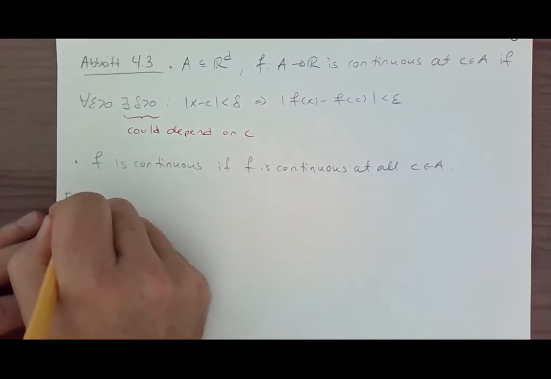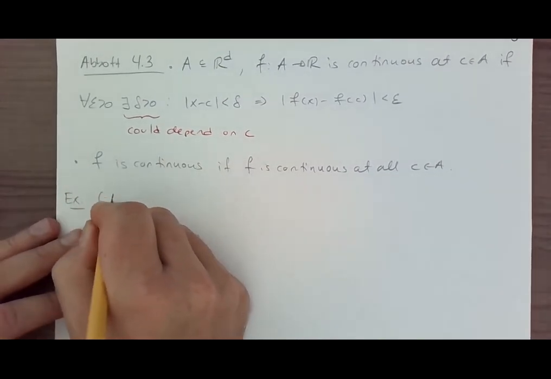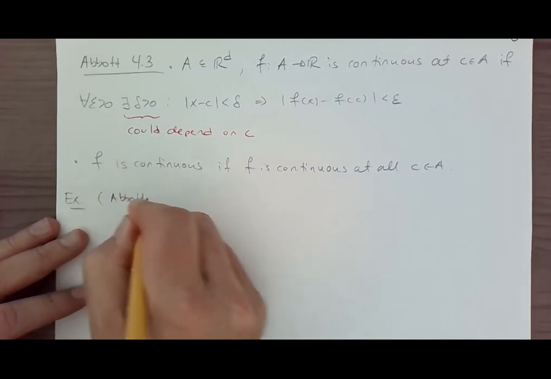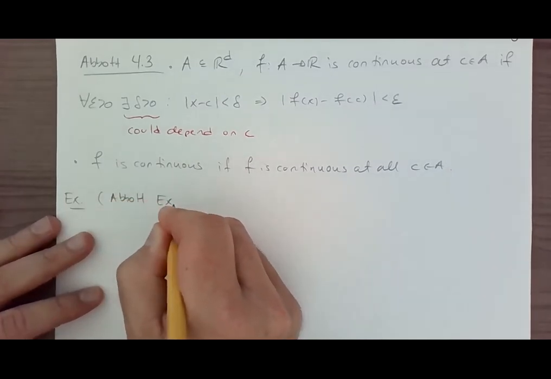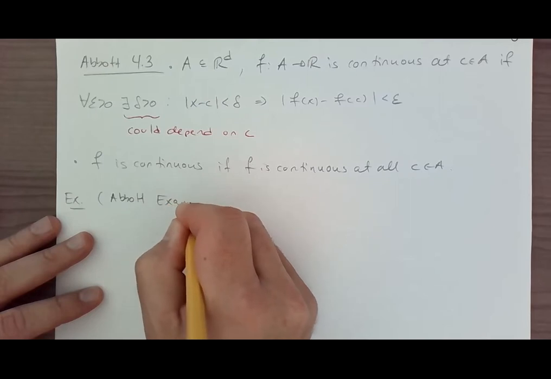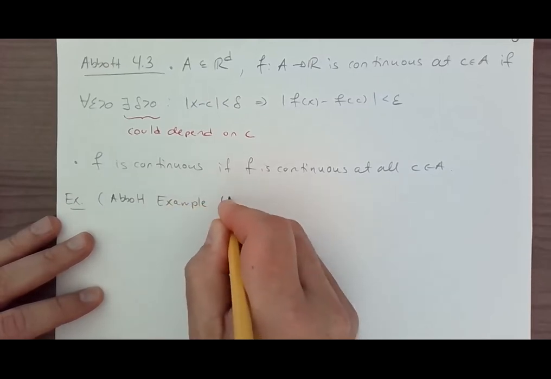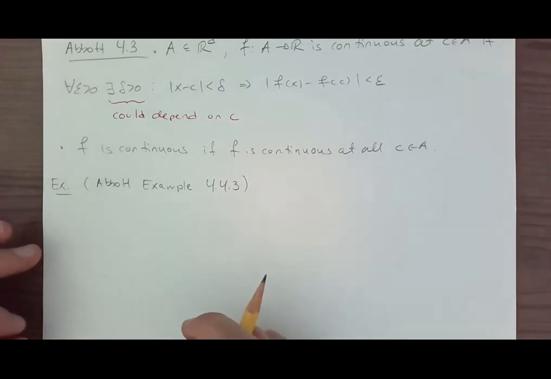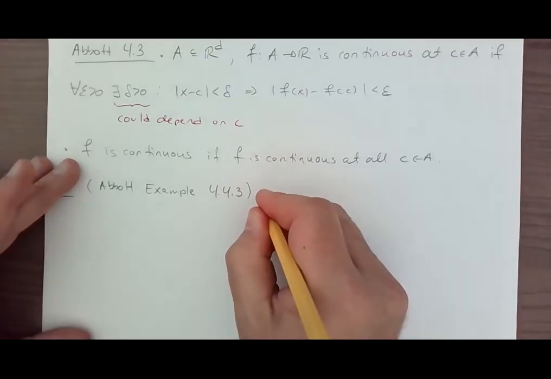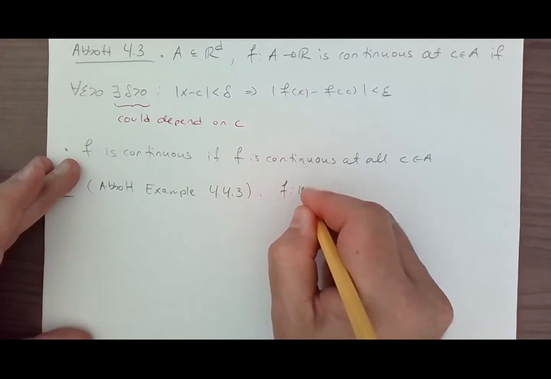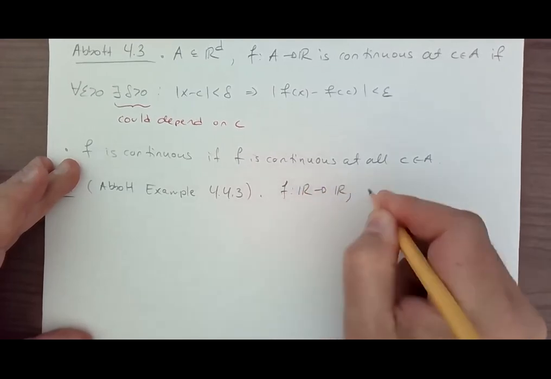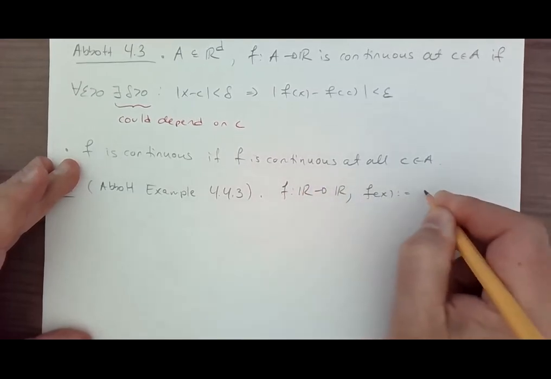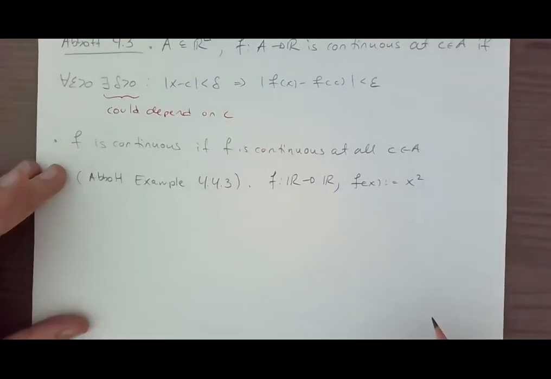This here is an example in Abbott, Abbott's example 4.3.3. And it's a function that you've all seen many, many times. So you take the square function, f of x equals x squared. Do nothing else, you just square.